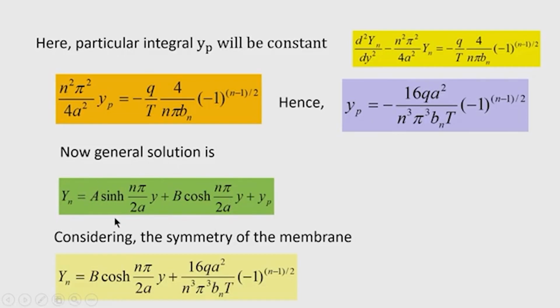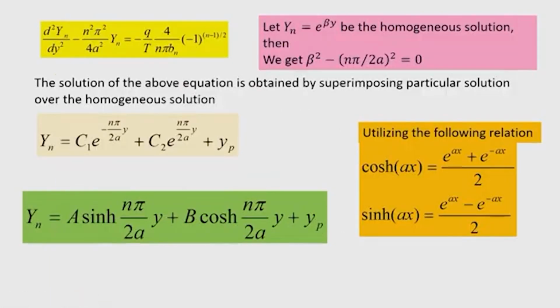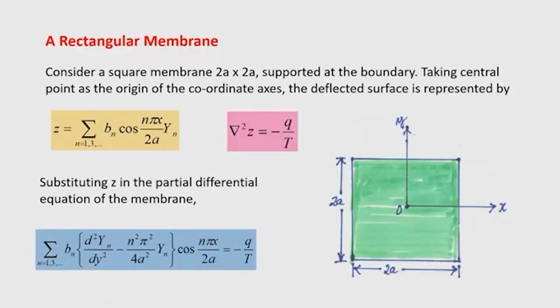Okay. Now, you can see here the membrane that we have taken, for example, it is a symmetrical problem, that is the air pressure or whatever pressure is applied on the membrane is uniform, and the origin is taken in such a way that it is symmetrical about the x and y axes. So, because of the symmetrical nature of the problem, the deflected surface also is symmetrical.